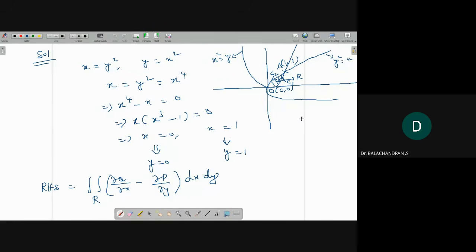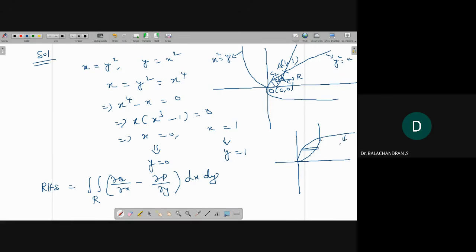Because I will write the portion here. It is not clear, that's why I will write only that portion. y square to root y, sir. Y square to root y. So I will write only that portion. So this is our region. This is y square equal to x.